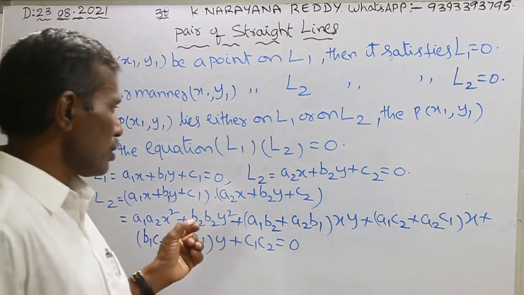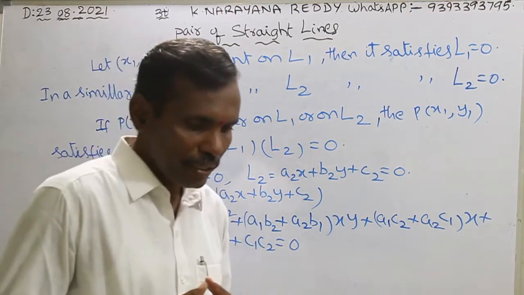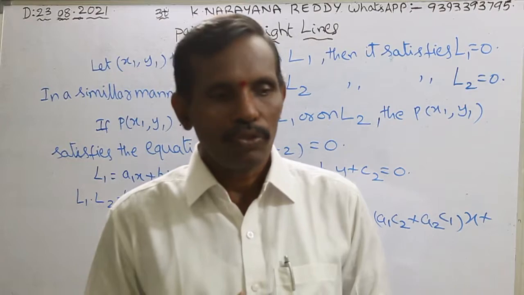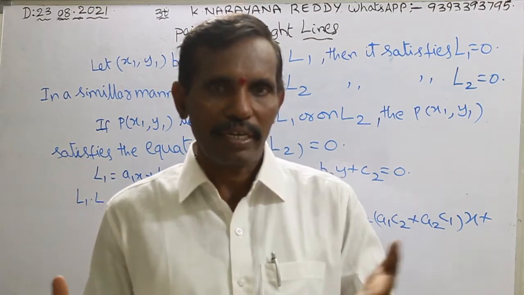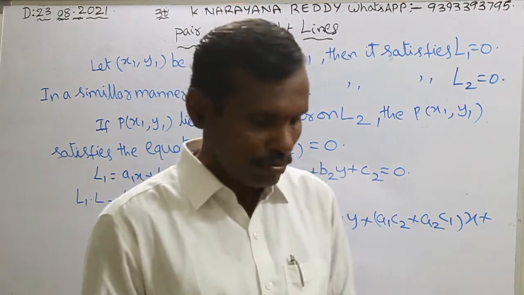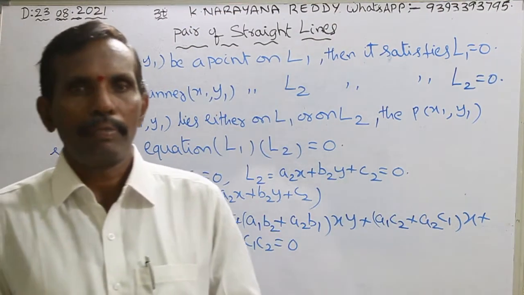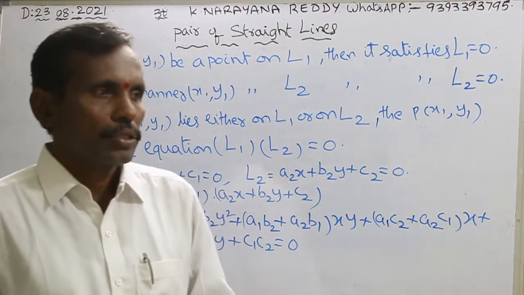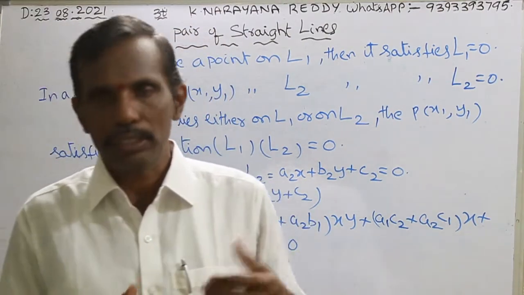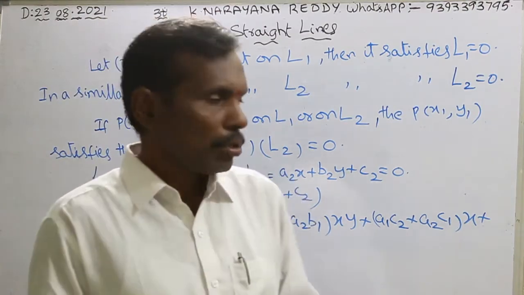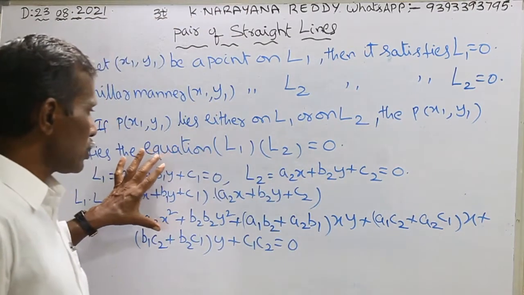This is very important, but there are so many different categories. Some are passing through the origin, some passing through some other points. Okay, different points, different directions. This is some introduction about pair of straight lines. I already told in last classes the problems belonging to this pair of straight lines. So this is very important.